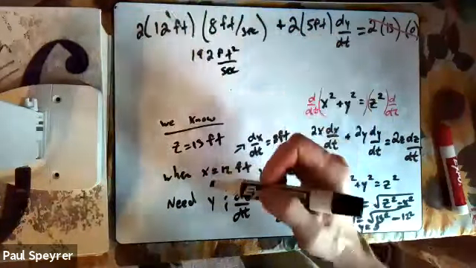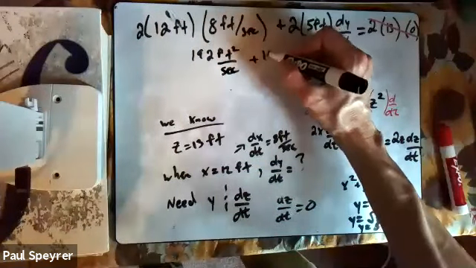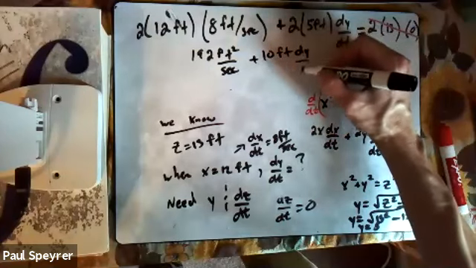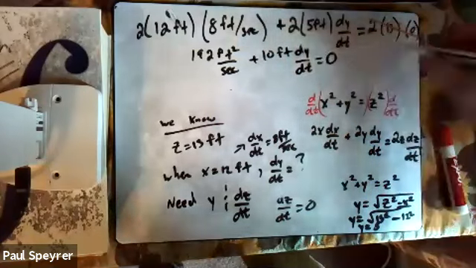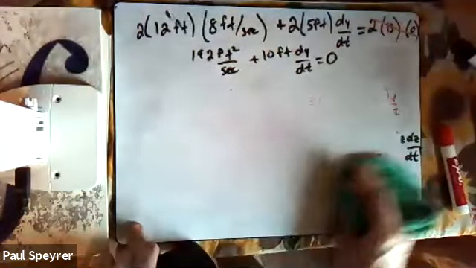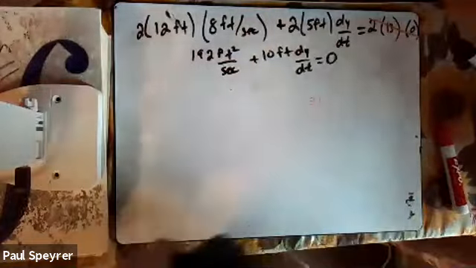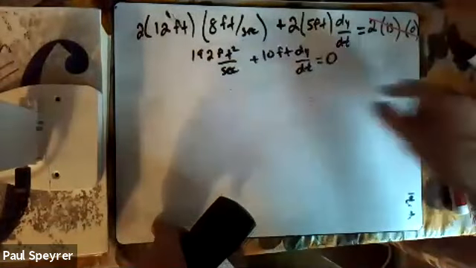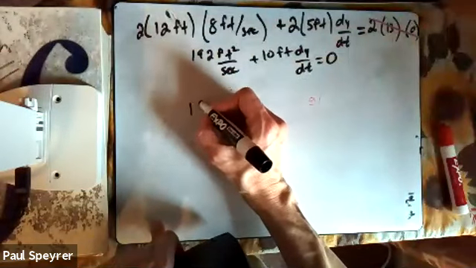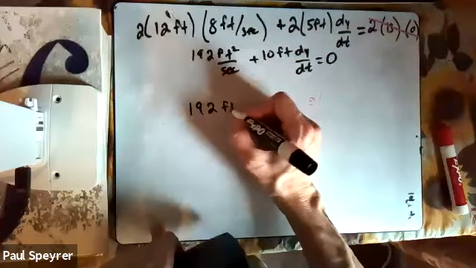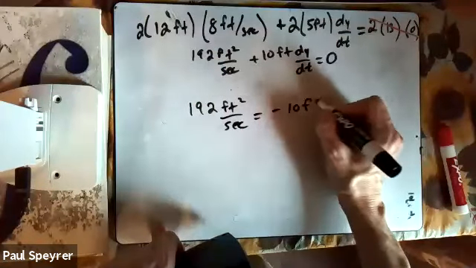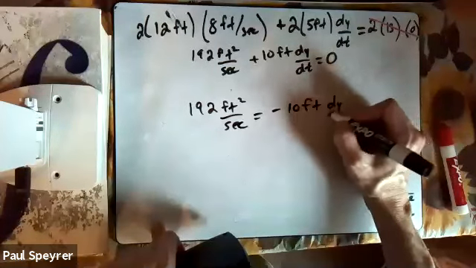Again, feet times feet is feet squared, plus 10 feet dy/dt equals 0. And then from here, we just solve this equation algebraically. So I'm just going to move this 10 feet dy/dt over to the other side. It doesn't matter which one you move, correct? It really doesn't matter. So I have 192 feet squared per second equals a negative 10 feet dy/dt.